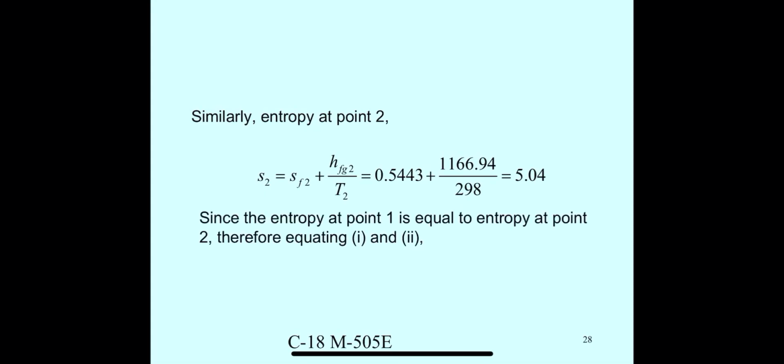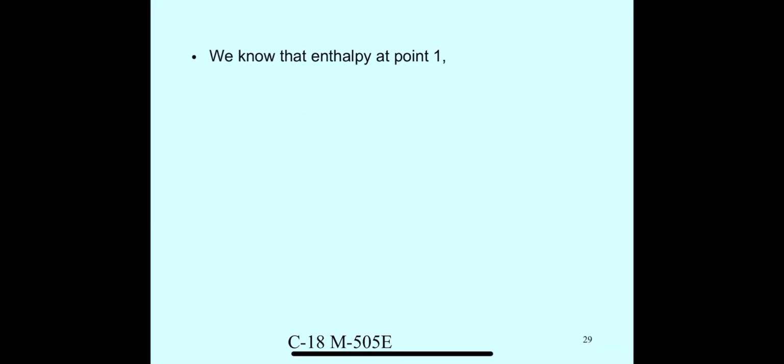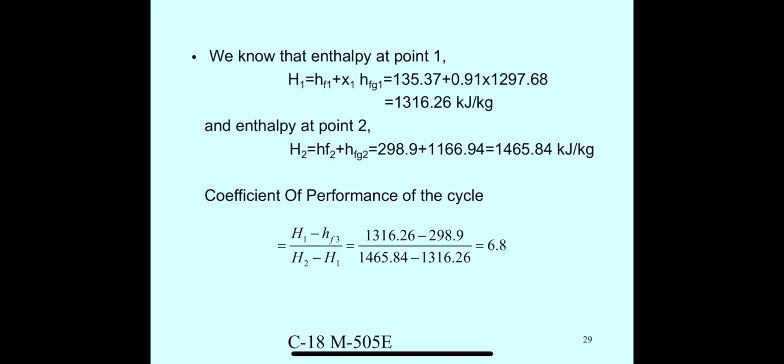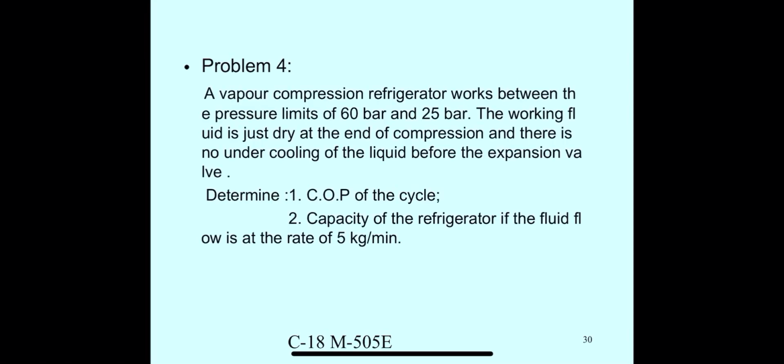After getting the S2 value, since entropy at 1 is equal to entropy at 2, both are equal, then find out the x value, x equals 0.91. After getting the x value, find out the H1 value and H2 value. After getting the H2 value, COP is (H1 minus HF3) by (H2 minus H1). We will get the COP of the vapor compression refrigeration cycle as 6.8.